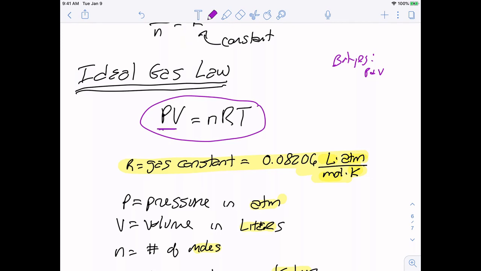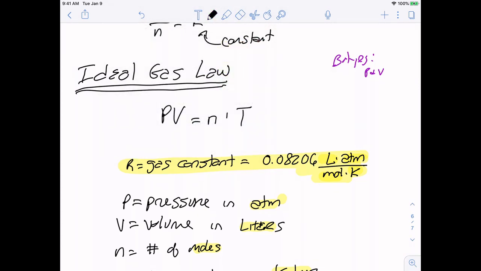So if I'm keeping the number of moles and my temperature constant, which we are in Boyle's law, R is a constant. That whole side is constant. So P times V is equal to K, right? If one goes up, the other has to go down.